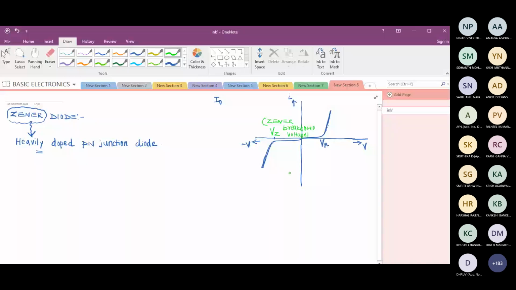So when we dope it heavily, the breakdown is found at a particular voltage, not at a very high voltage, only at a low voltage. Commercially available VZ, you can get 6 volt, 9 volt. All these are Zener breakdown voltages available commercially. So we can make it conduct at a lower voltage under reverse bias condition.